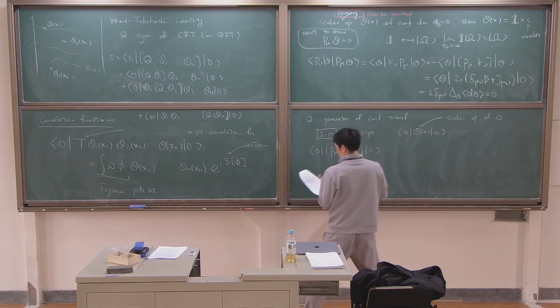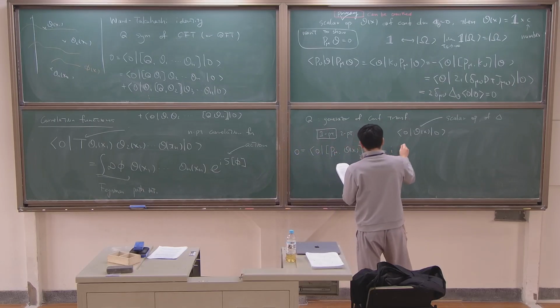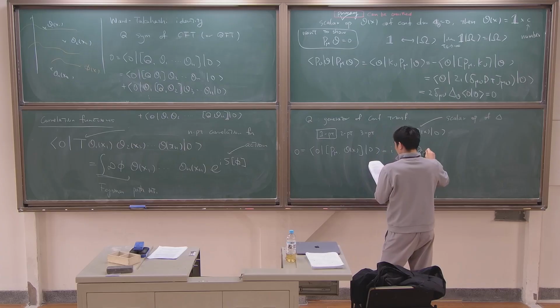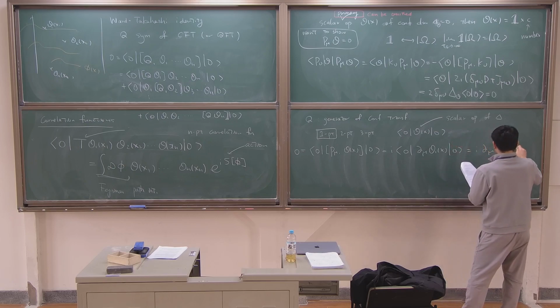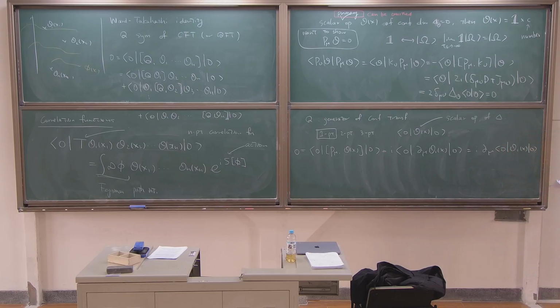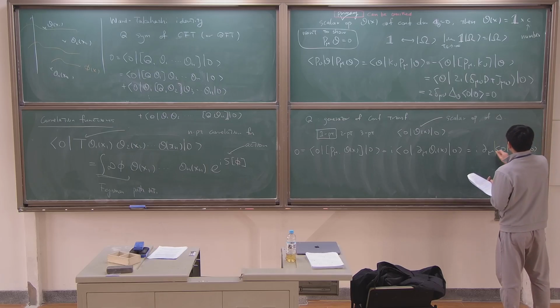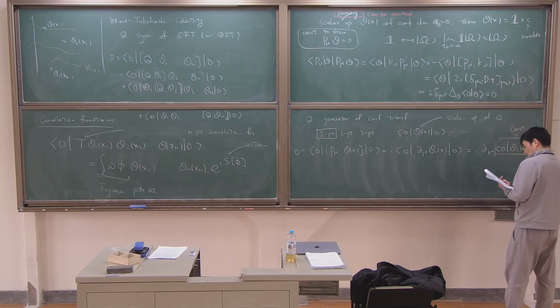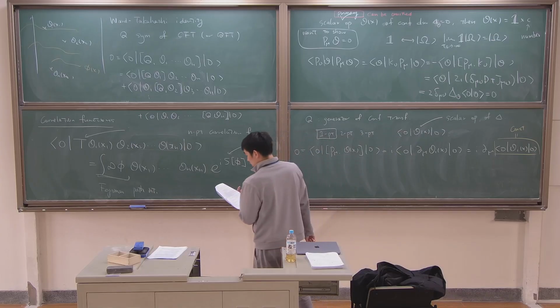So since P annihilates the vacuum, this is 0, and this is equal to i times the partial derivative of the correlation function. This means that this guy is constant.